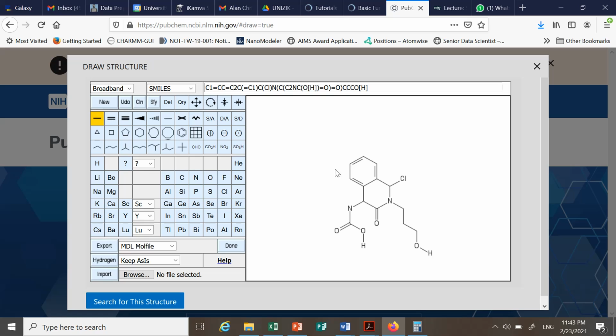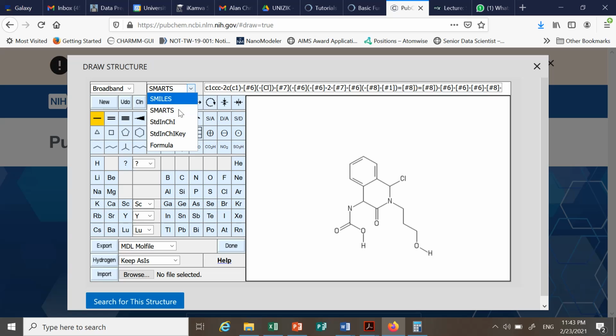Okay, now that I have the structure, once I finish drawing it, you will see the SMILES for that structure. This is a digital representation of this particular structure. If you want, you can change to a SMARTS representation. This is a SMARTS representation of this structure.